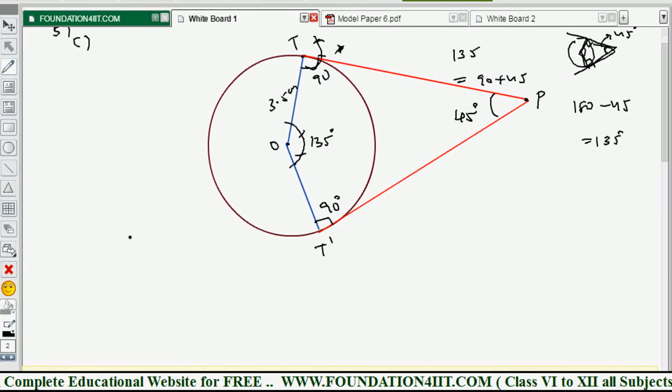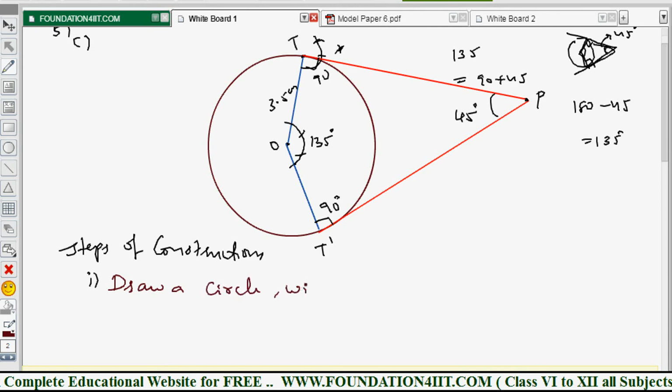First, you need to draw the circle with radius 3.5 centimeters. You know it. These are the steps of construction. So draw a circle. First we draw a circle with radius 3.5 centimeters.